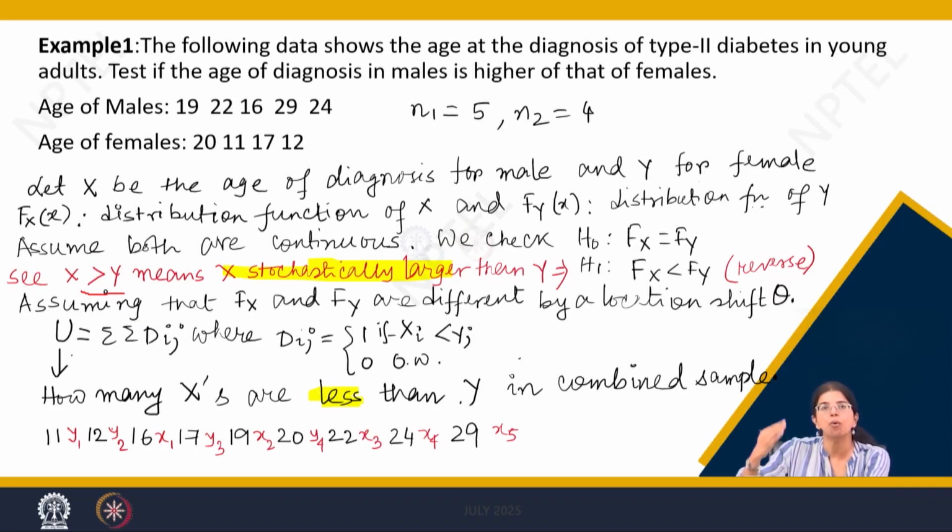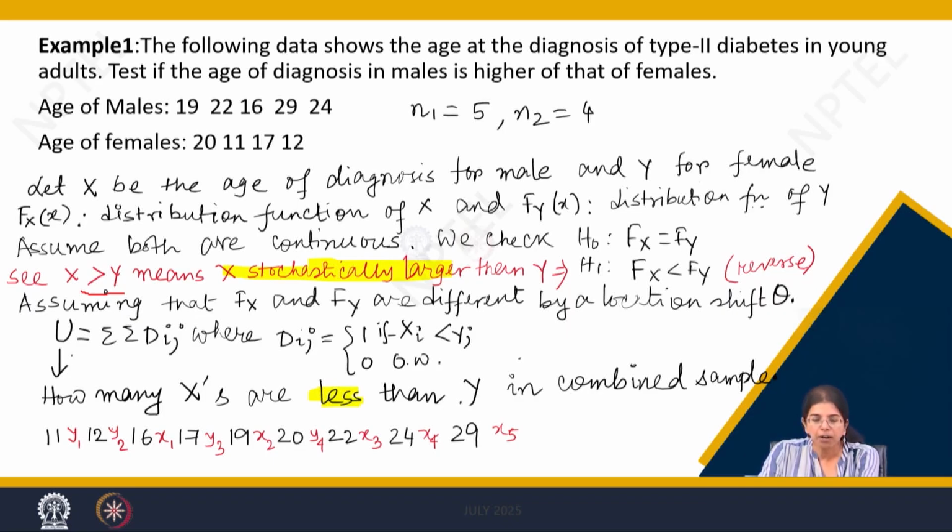We can expect more X will be larger than the Y figures, but we will fix our decision criteria on the basis of the count of how many X are lagging behind Y. So that's why U is the double summation of Dij, and how many comparisons do you need to make? M is 5, N is 4. M is the first sample size, or N1 is 5, N2 is 4. So altogether 20 comparisons you need to make.